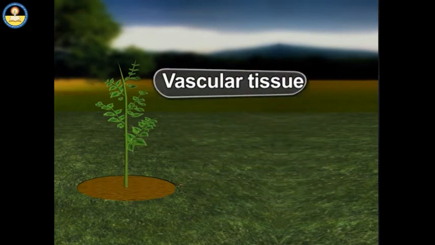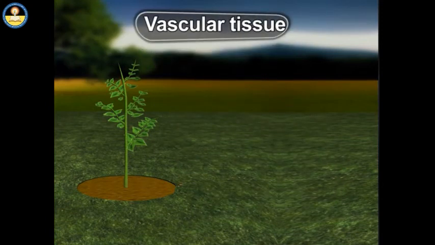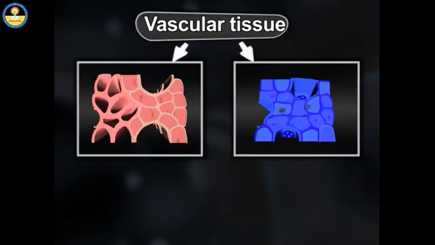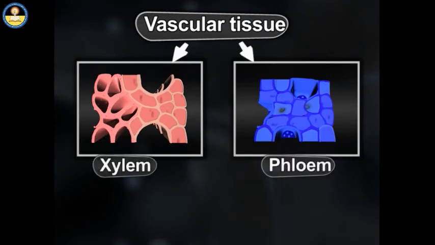Vascular tissue is formed of many types of cells. These cells combine to form complex tissues, xylem and phloem. These complex tissues form transport system which is known as vascular tissue of plant. Xylem tissue is formed from more than one kind of cells.